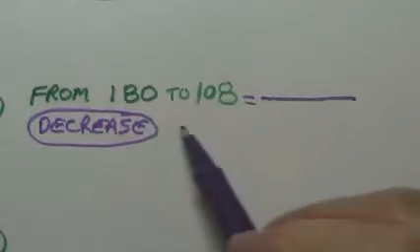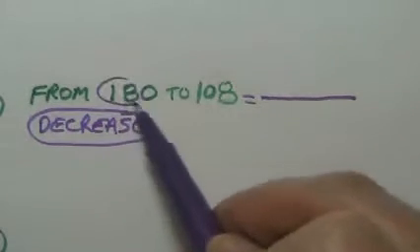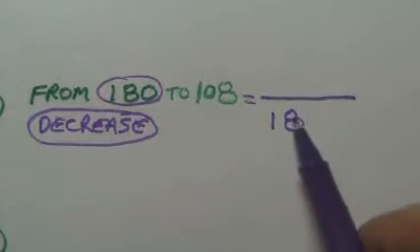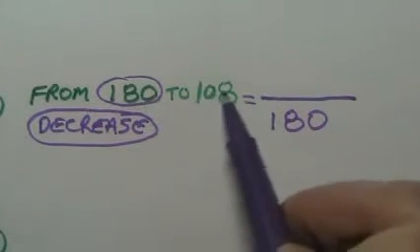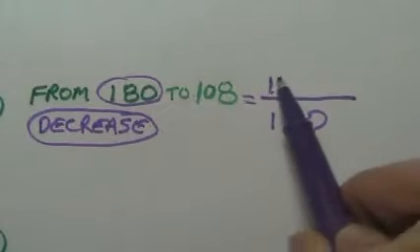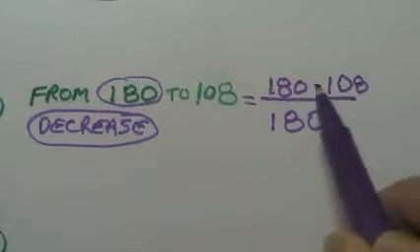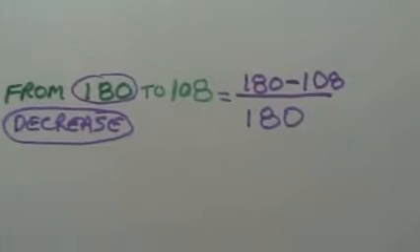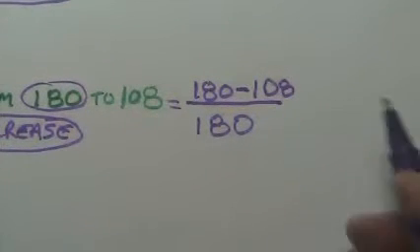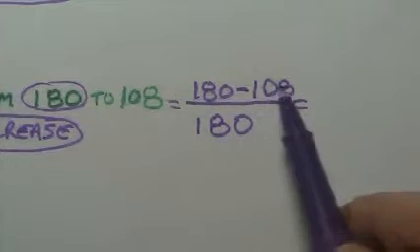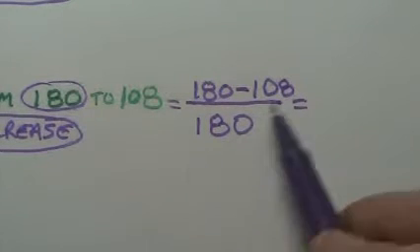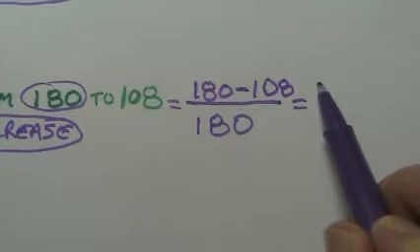Remember, the original number goes in the bottom. And then you need to subtract the two up on top, 180 minus 108. If I subtract 180 minus 108, that's going to give me 72.